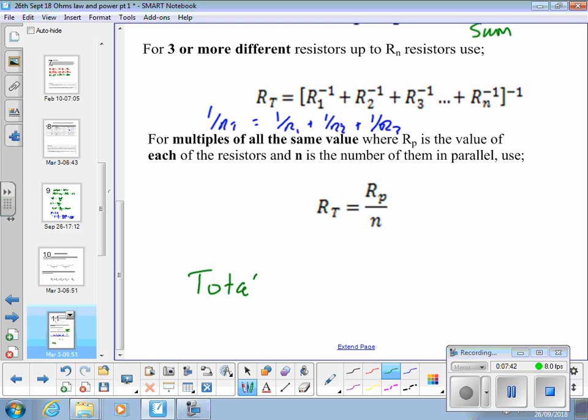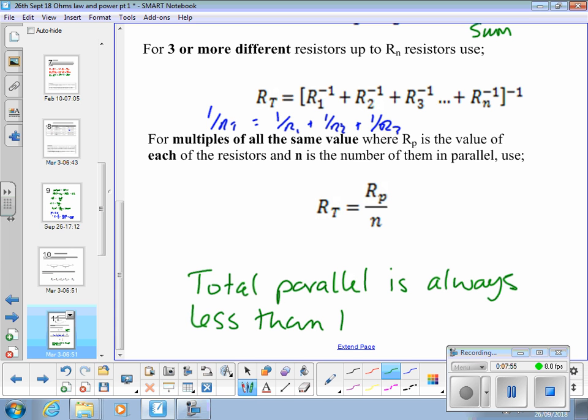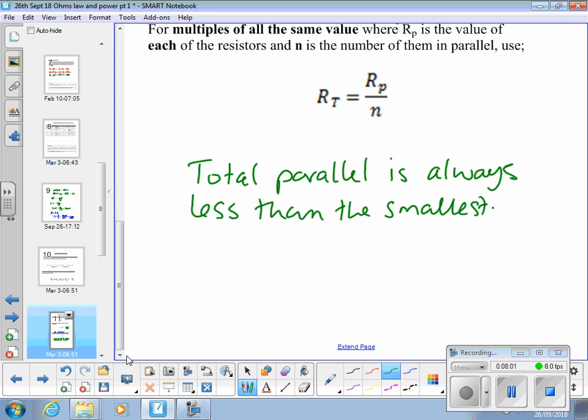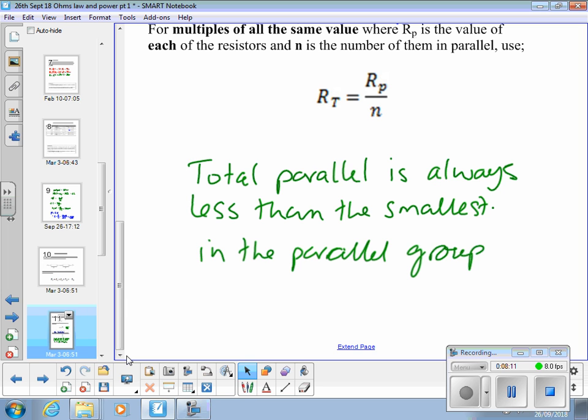Total power, always, a parallel, by that last bit.